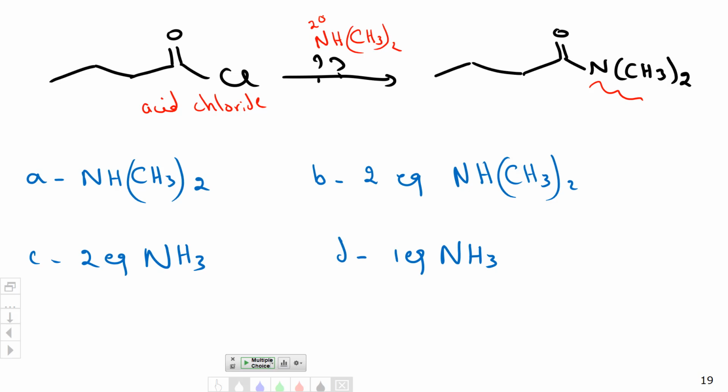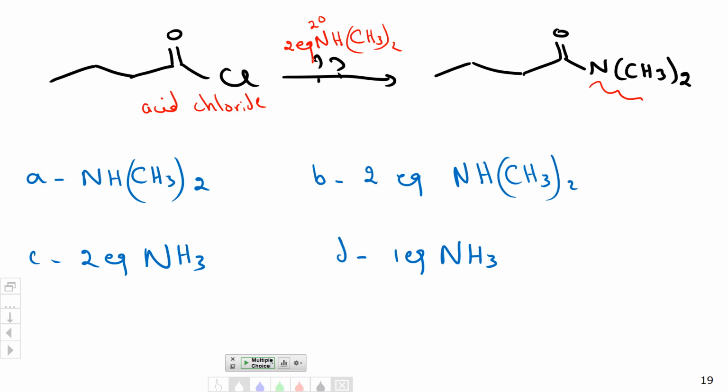Another factor about starting with an acid chloride is that when the Cl minus leaves, it is going to pick up a proton and become HCl. So I need something to neutralize that HCl, and this is why I'm adding two equivalents of dimethylamine. The first one acts as a nucleophile and attacks the carbon of the carbonyl.